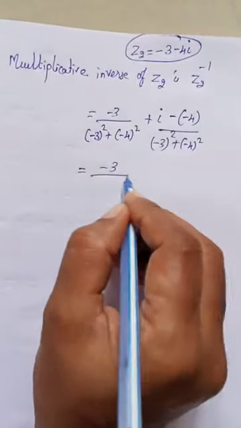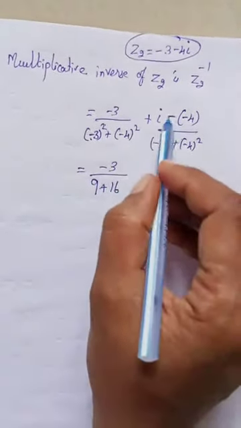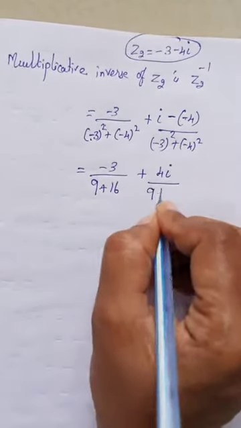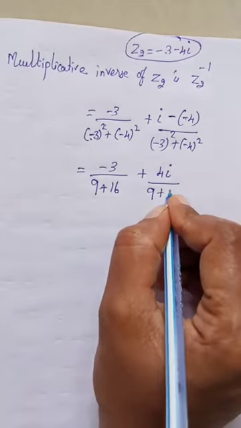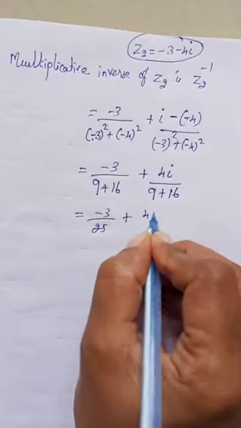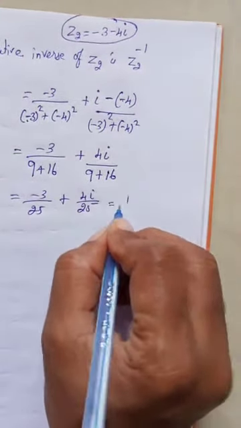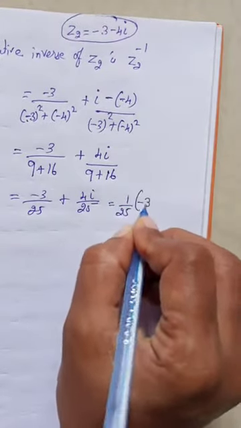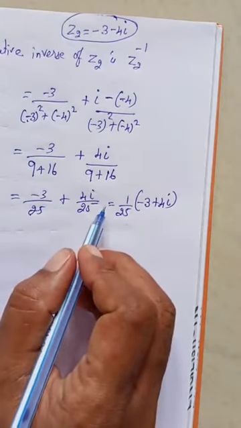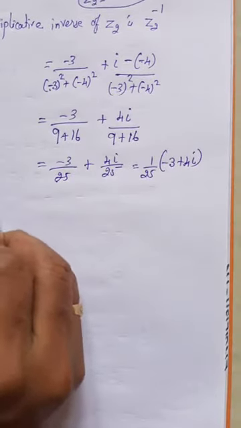So we may get minus 3 by 9 plus 16, since minus 3 the whole square is plus 9. Minus into minus is plus, so plus 4i by 9 plus 16. This is minus 3 by 25 plus 4i by 25. Or else we can write 1 by 25 into (minus 3 plus 4i). Both denominators are the same, no? That's why we have taken it out.